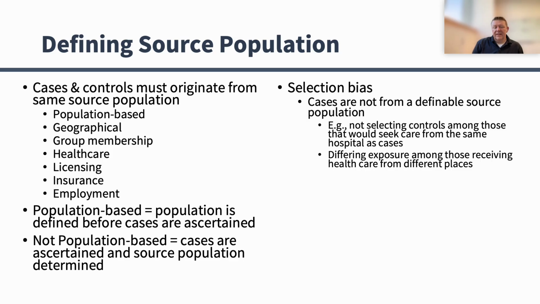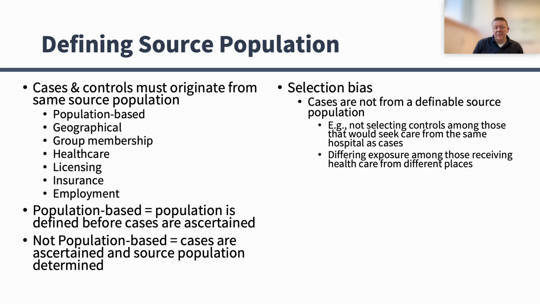So some examples are we might be population based or geographical, they might come from group membership, maybe a healthcare setting, from licensing records or insurance records or employment records. And by population-based, we mean the population is defined before the cases are ascertained. So we've defined some population of a city as where we want to do the study, and then we might refine that in some way as we're setting up our design.